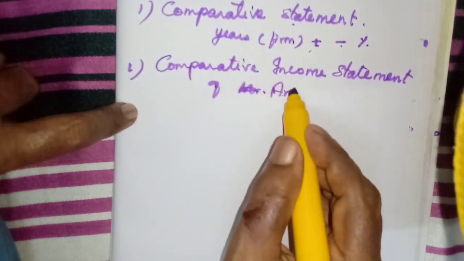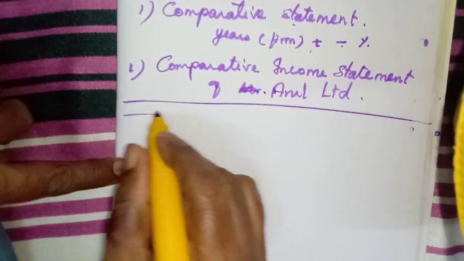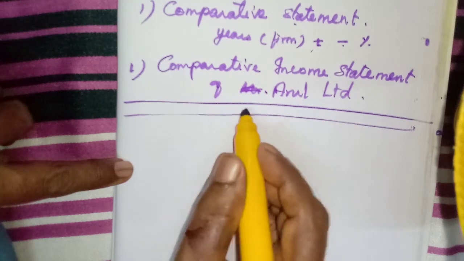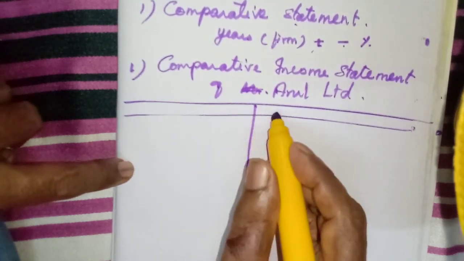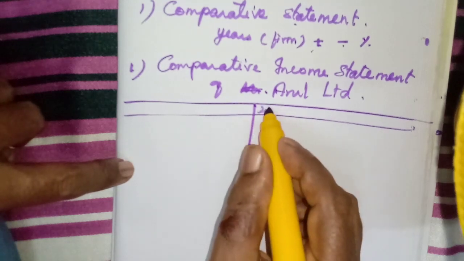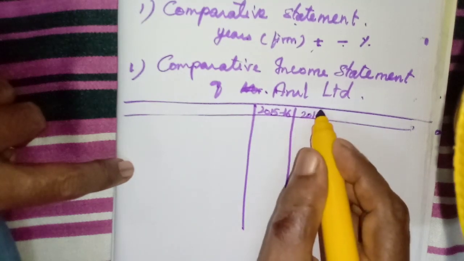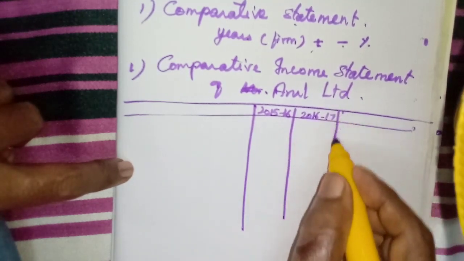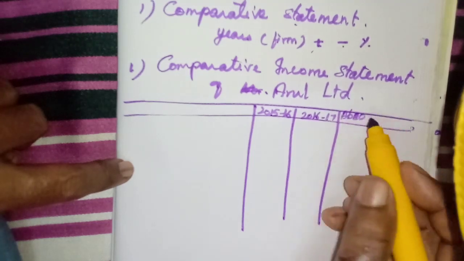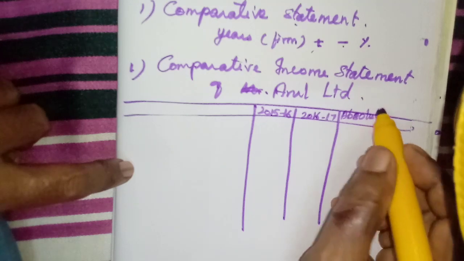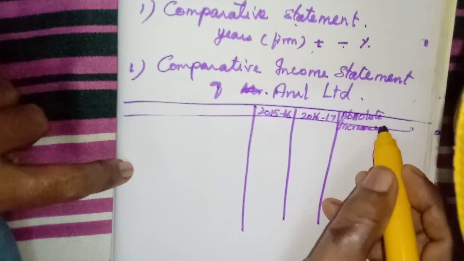Arul Limited. Particulars, then first year 2015-16, then 2016-17, then absolute increase or decrease.